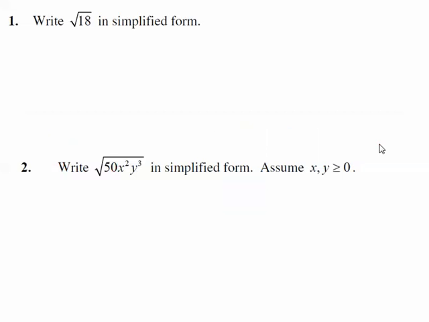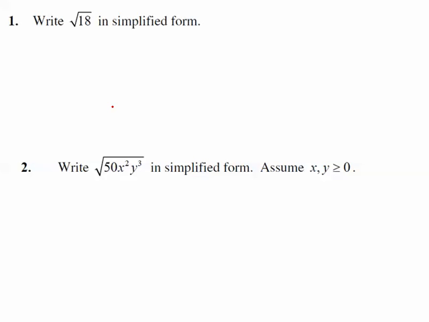Okay, so let's go for it here. Write square root of 18 in simplified form. We want to simplify this as much as we can. The way we're going to do it is called the algebra method. And then I'll show you the pre-algebra method, which I think you'll like, oh yeah, I remember that. So square root of 18, what we do is think about this, because you guys are sophisticated Math 63 students. I want the biggest perfect square that is a factor of 18.